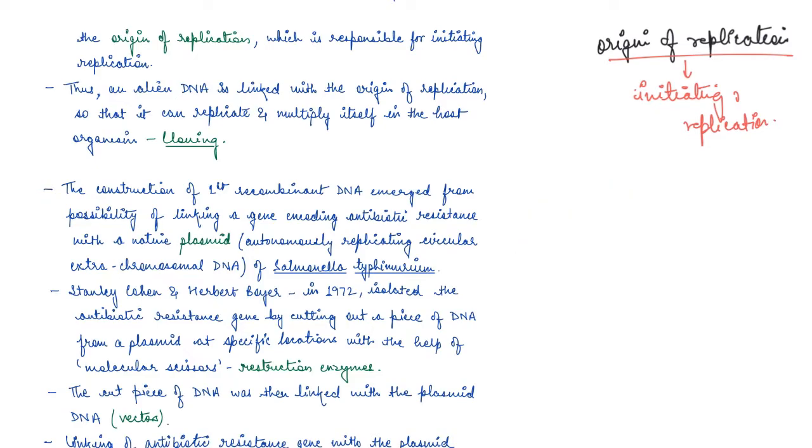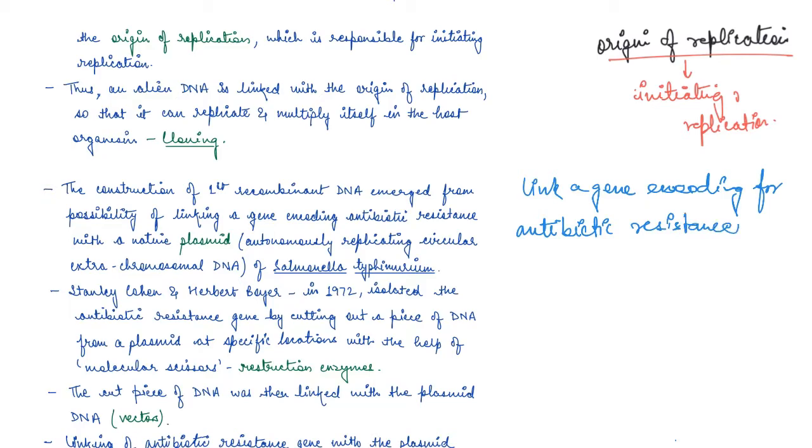So basically, the creation of an artificial recombinant DNA molecule was thought of as first linking a gene encoding for antibiotic resistance with a plasmid, or say a native plasmid.